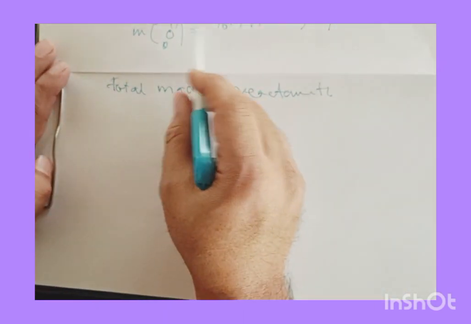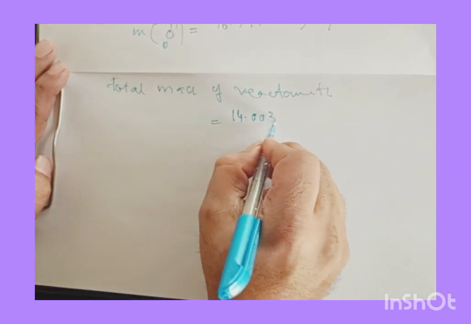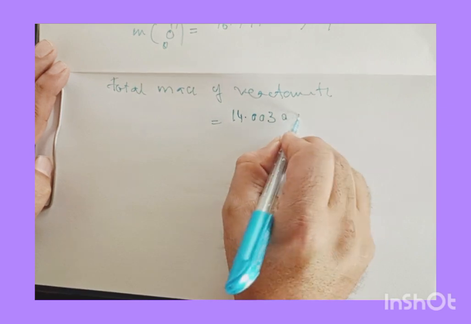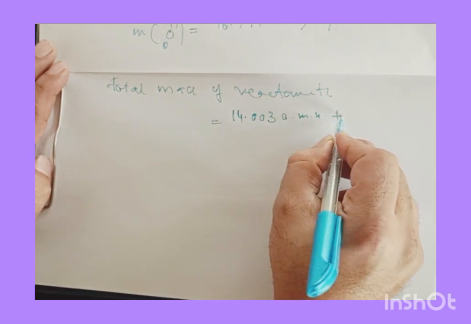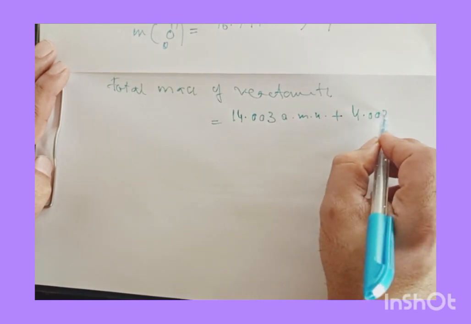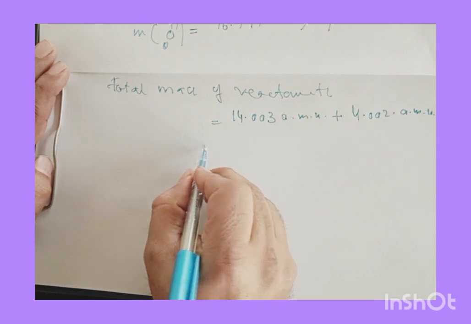So the mass is given here. How much is that? That is 14.003 atomic mass units plus the mass of the alpha particle, which is 4.002 atomic mass units.